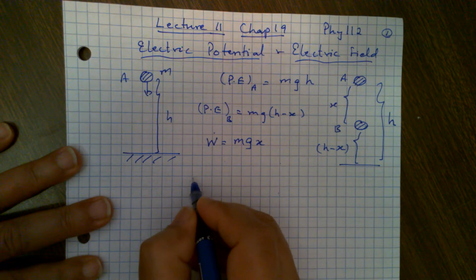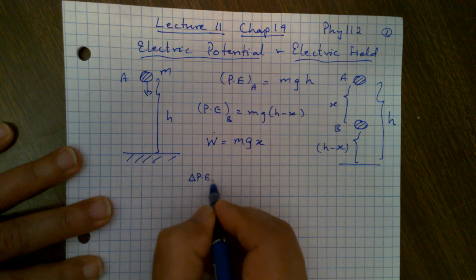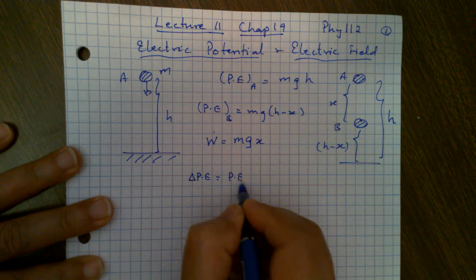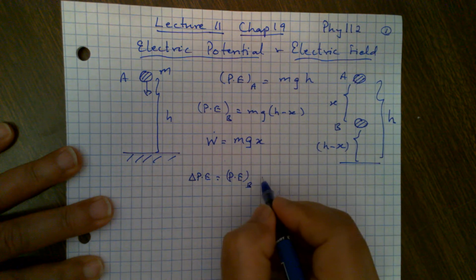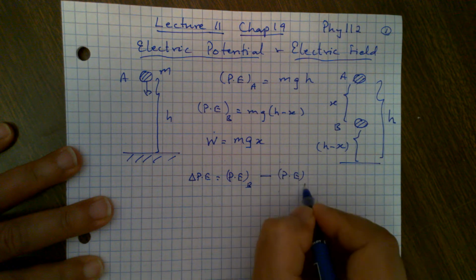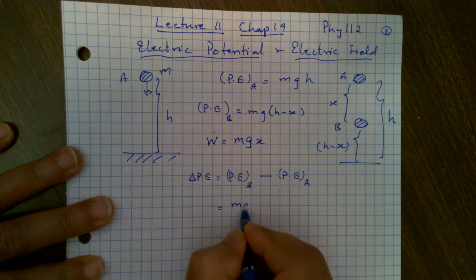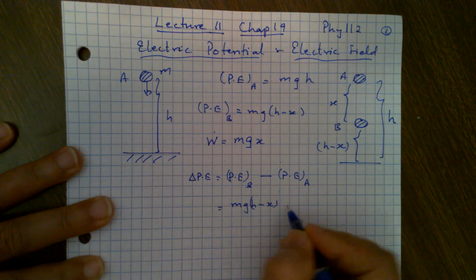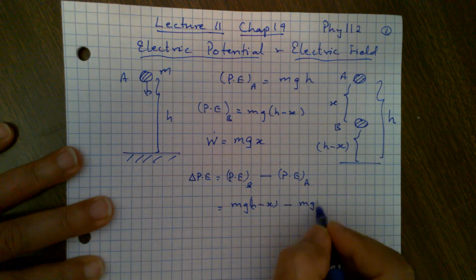Let's look at the potential energy difference. The change in the potential energy is the final potential minus initial potential, which is at point A. The final potential energy is mg(h minus x), minus initial potential energy, mgh.